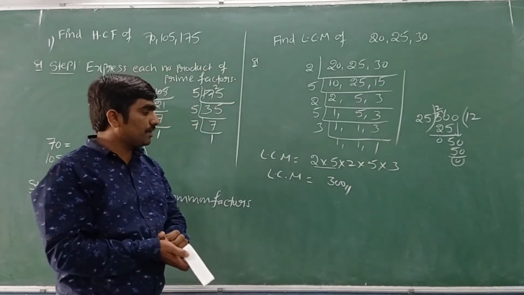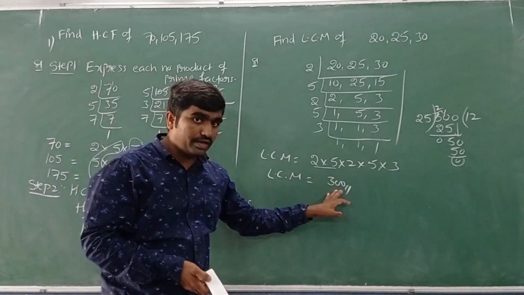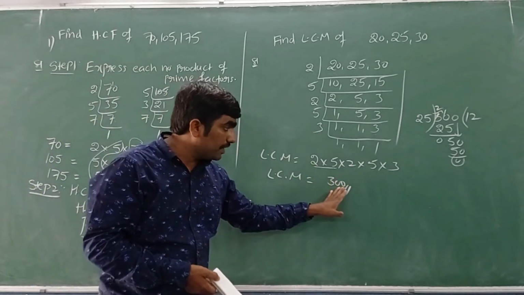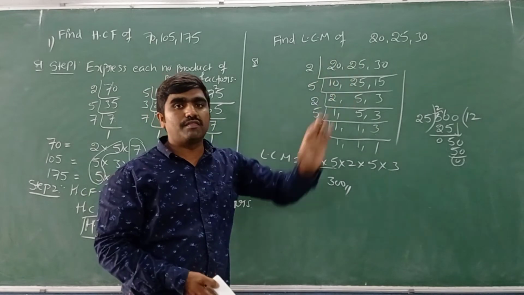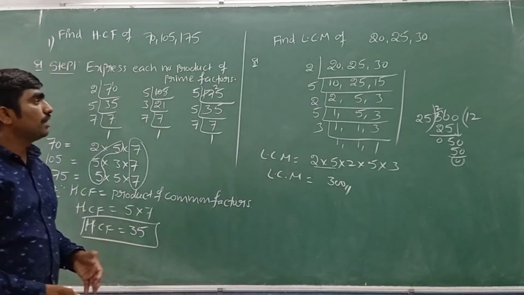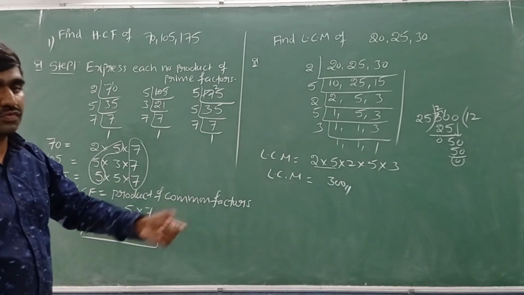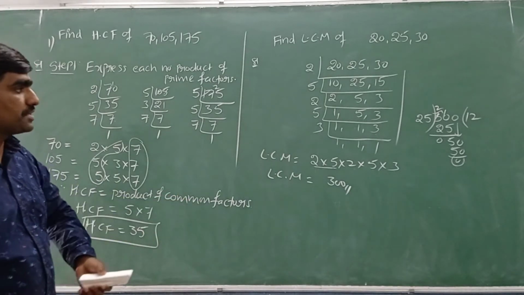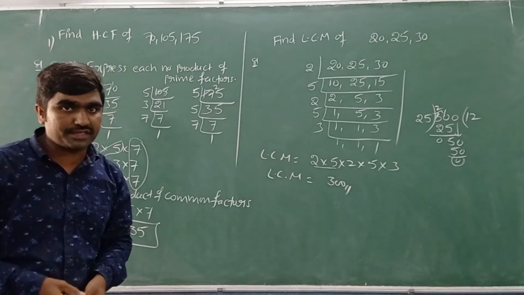So we can conclude that the LCM value is always exactly divisible by all the given numbers. Hope you understood how to find the HCF and how to find the LCM. Now based on this, let's see a few applications.